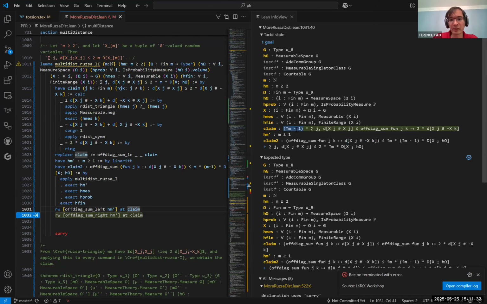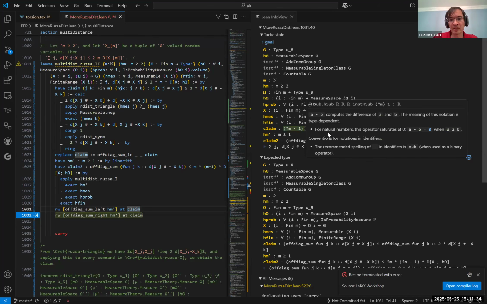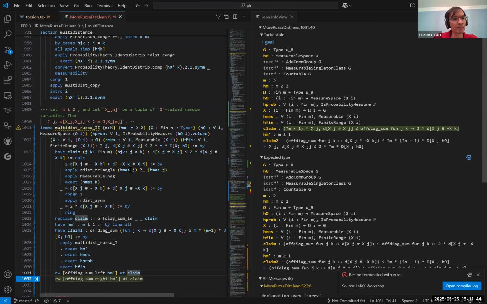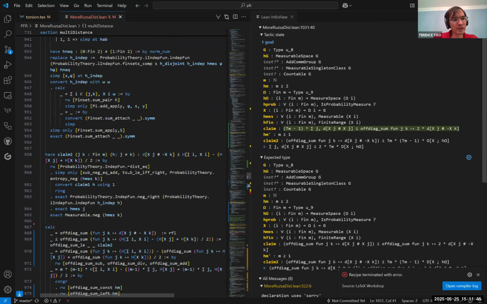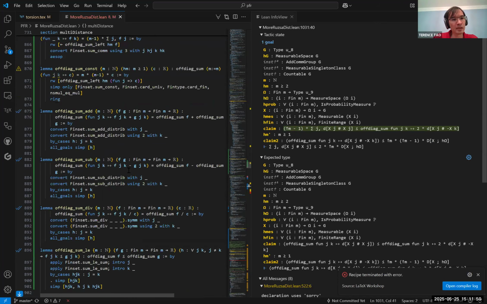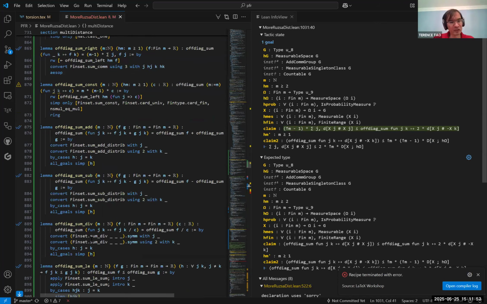All right, yeah, so we now know that m minus 1 times this sum is bounded by the sum of twice xj minus xk. I need to pull the 2 out as well. So I think I have a tool for that as well, if I'm lucky. No, actually, I only have one for division.